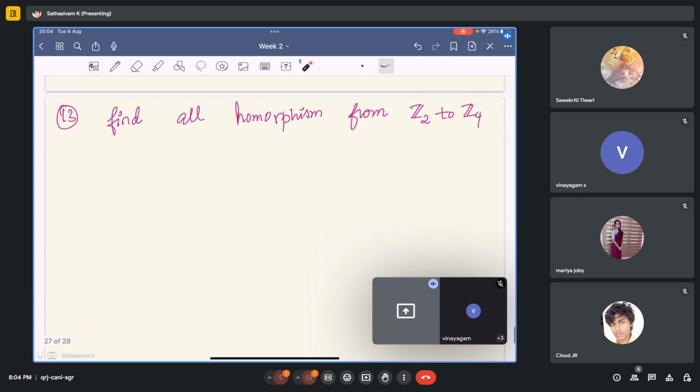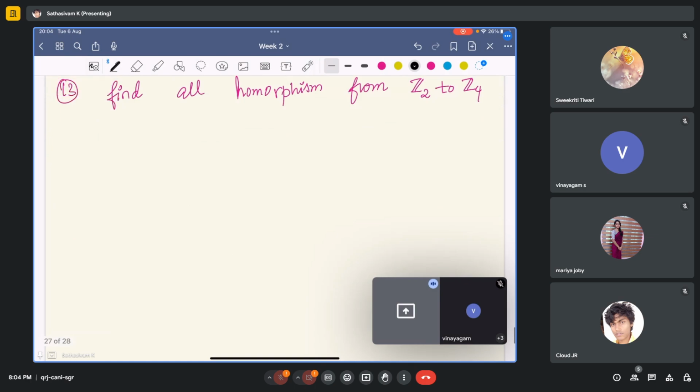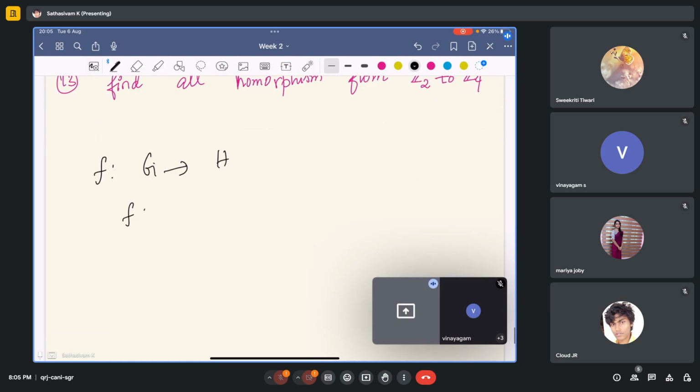So the question is: find all homomorphisms from Z2 to Z4. These are interesting questions. So let's do this. What is a homomorphism? Let me just recall. If you have a map f from G to H, I call f a homomorphism if f of g1 times g2 is equal to f of g1 times f of g2.